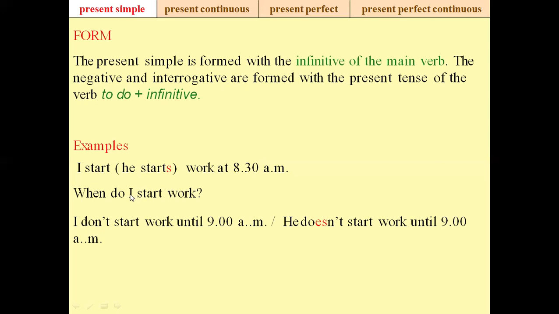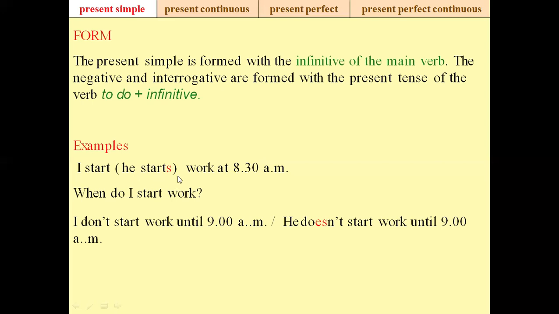So let us read this sentence. I start work at 8:30 a.m. Here you can see that I have written I start work at 8:30 a.m. So this is a simple sentence of the simple present tense. But here you can observe that in brackets I have written he starts.